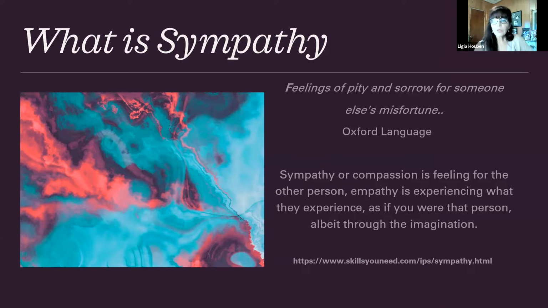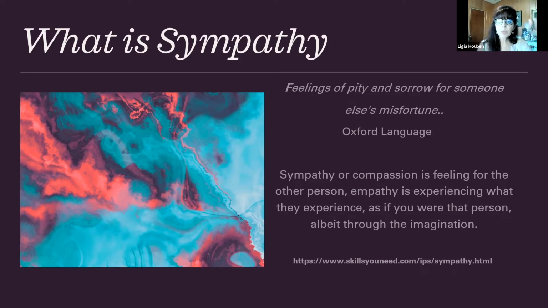According to Oxford Language, it is feelings of pity and sorrow for someone else's misfortune. According to skillsyouneed.com, in the article, when they talk about sympathy, they call it compassion, which is feeling for the other person.